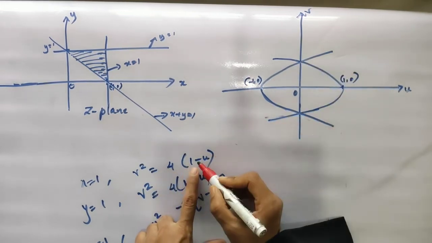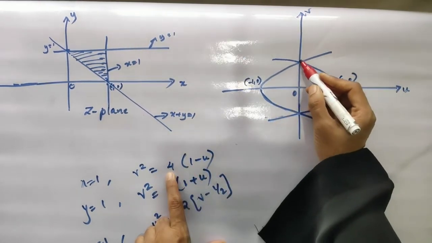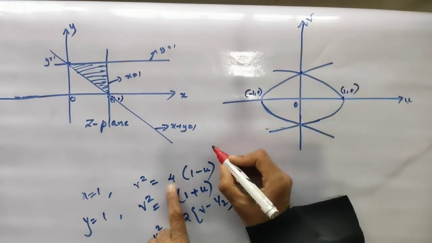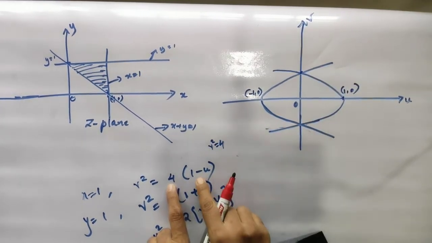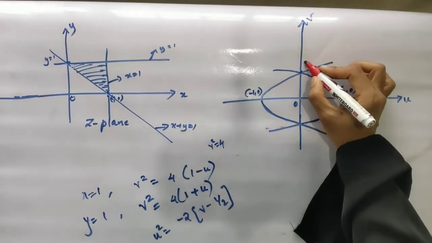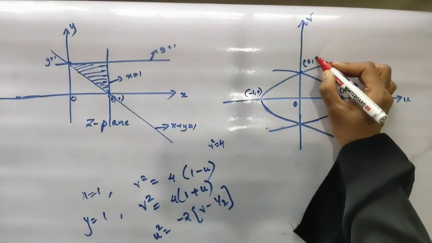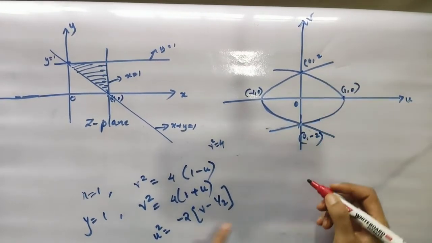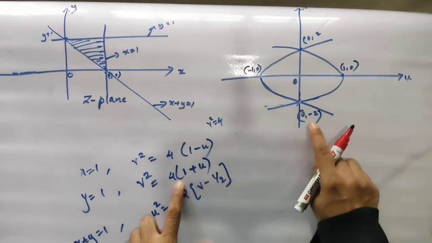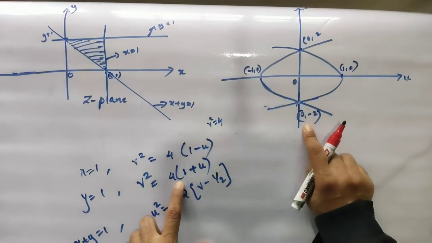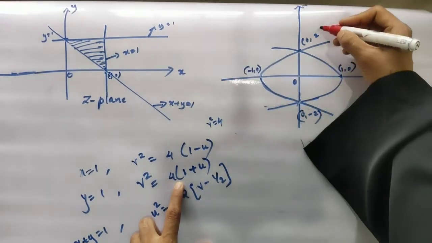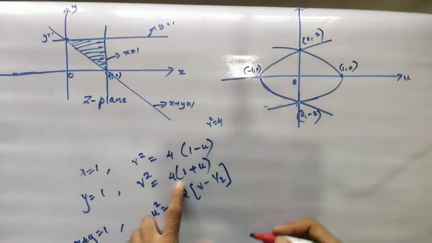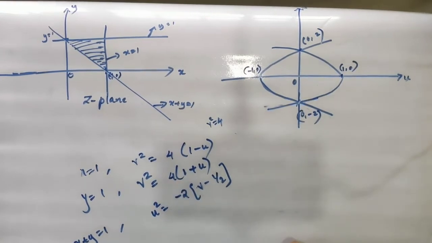When you put u is equal to 0 in the earlier parabolas, you get v square is equal to 4, so v will be plus or minus 2. So this point will be 0 comma 2 and this point will be 0 comma minus 2. So both parabolas will be cutting the imaginary axis at 0 comma minus 2 and 0 comma 2.